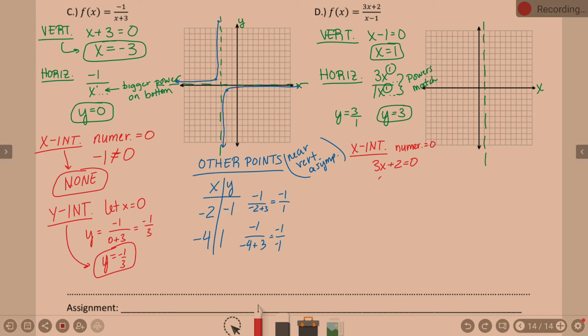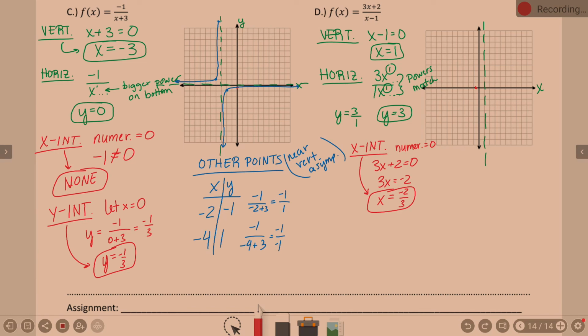Subtract 2. 3x equals negative 2. Divide by 3, and x is negative 2/3. So x-intercept of negative 2/3 is going to be over there left of the origin.